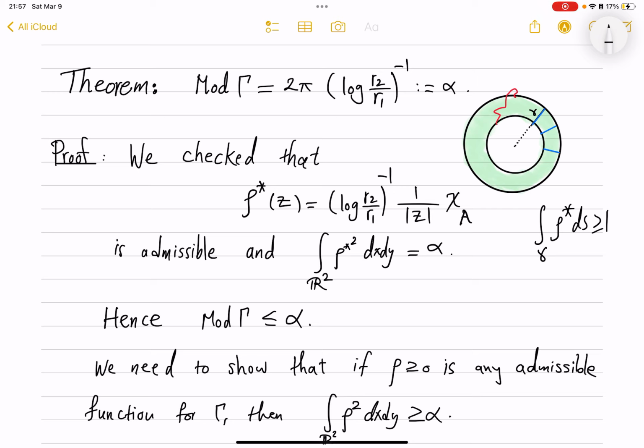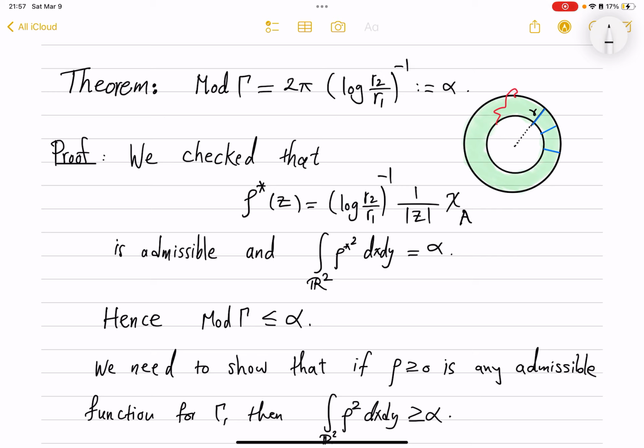As you will see, the reverse direction that I'm about to show is a rather straightforward application of the integration in polar coordinates. The previous lecture required some topological argument as well, so please do check that out.